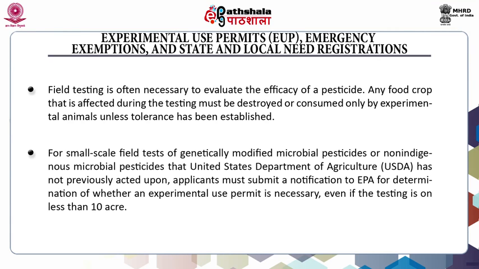For small scale field testing of genetically modified microbial pesticides or non-indigenous microbial pesticides that the United States Department of Agriculture, USDA, has not previously acted upon, the applicants must submit a notification to EPA for determination of whether an experimental use permit is necessary or not, even if the testing is on less than 10 acres.